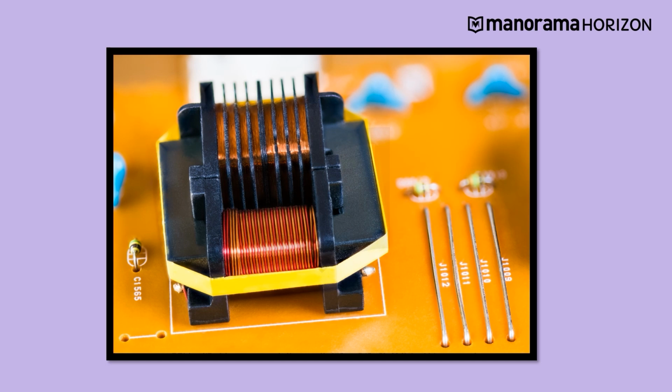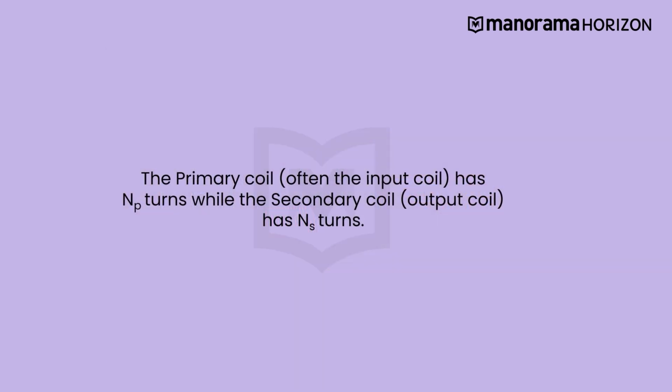They have a laminated iron core around which there are at least two coils of copper wire. The primary coil, which is often called the input coil, is said to have NP number of turns, while the secondary coil, also called the output coil, has NS number of turns.